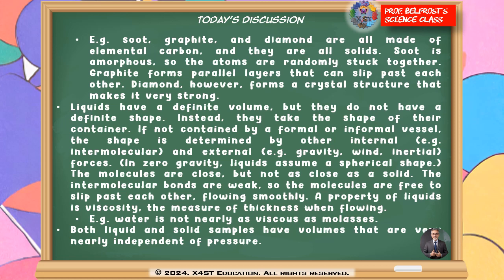Okay, the second state, liquid. Liquids have a definite volume, but they do not have a definite shape. Instead, they take the shape of their container. If there is no container or vessel, then the shape is determined by other internal or external forces. Notice that in zero gravity, liquid assumes a spherical shape.